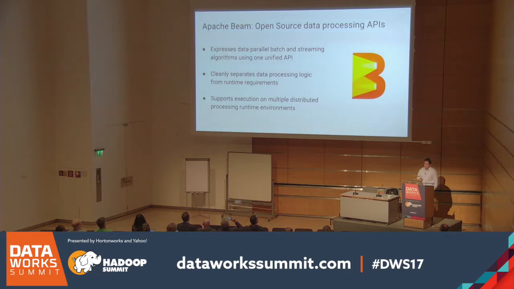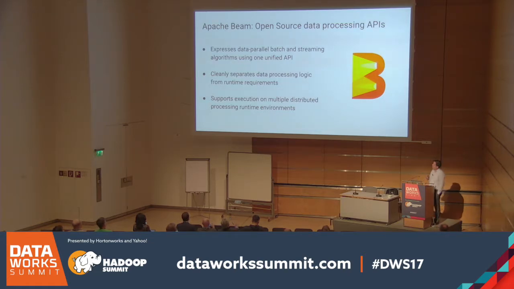Apache Beam is an open source project for expressing both batch and streaming data processing use cases. When you use Beam, you are focusing on your logic and your data without letting the runtime details leak through your code.